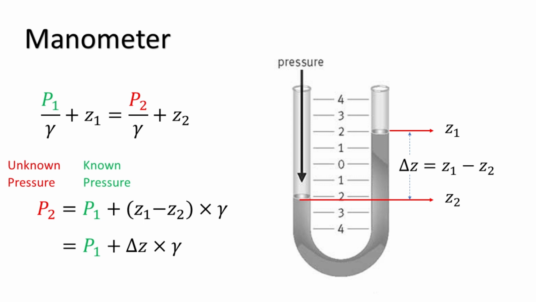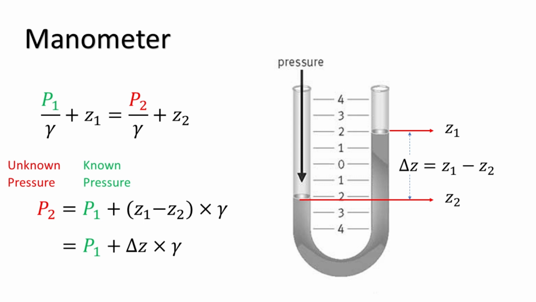For example, if we know the pressure at section 1, and we need to know the pressure at section 2, and we know the elevations at these two sections are Z1 and Z2, respectively, what would be the pressure at section 2? Writing the hydrostatic algebraic equation and solving for the pressure at section 2 gives P2 equals P1 plus the specific weight of the liquid multiplied by (Z1 minus Z2).